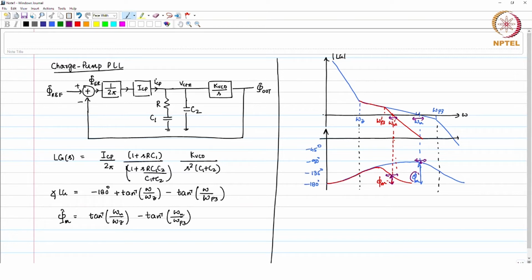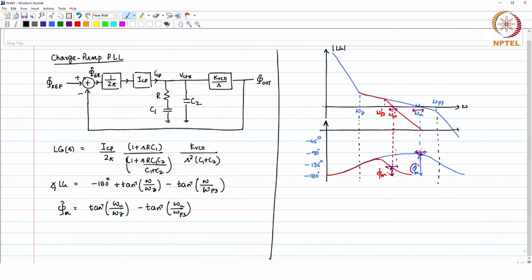So, this appears to be one of the ideal choices. So, whatever unity gain frequency you want, based on the unity gain frequency, you should place your pole P3 and your 0 in such a way that you get your phase plot variation around the unity gain frequency to be very low. Okay. So, we can do that in a systematic manner.